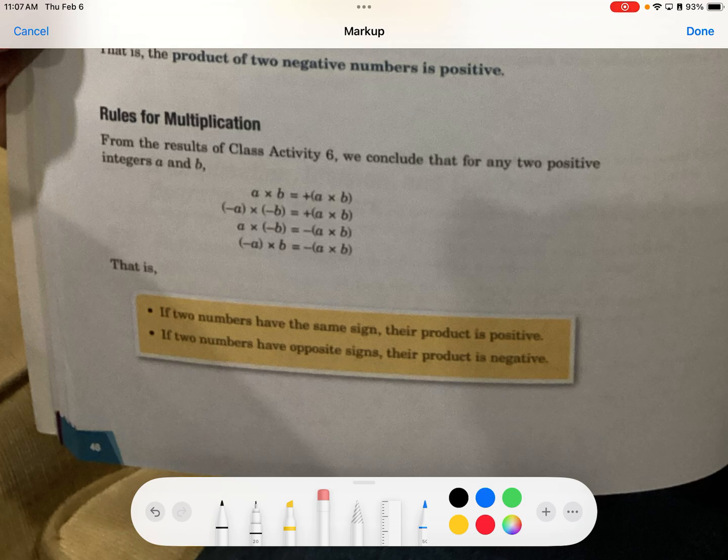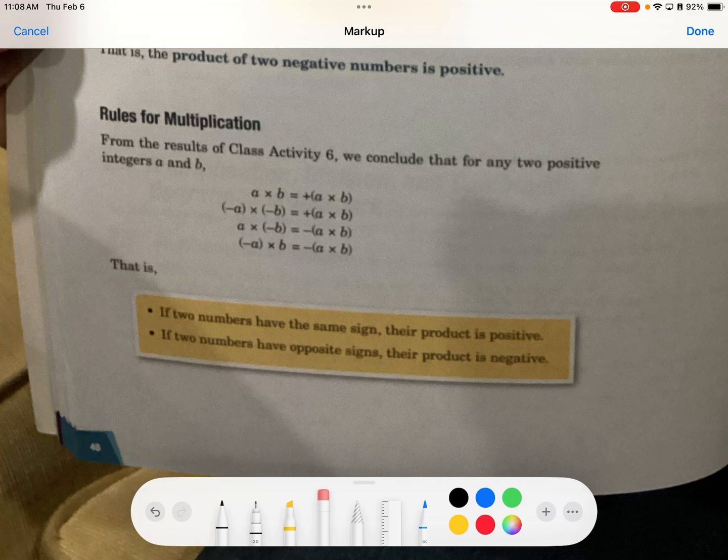All right, so from the results of the class activity, we see that A times B equals a positive A times B. We see negative A times negative B equals a positive A times B. We see A times negative B equals negative A times B. And we see negative A times B equals negative A times B. If two numbers have the same sign, their product is positive.